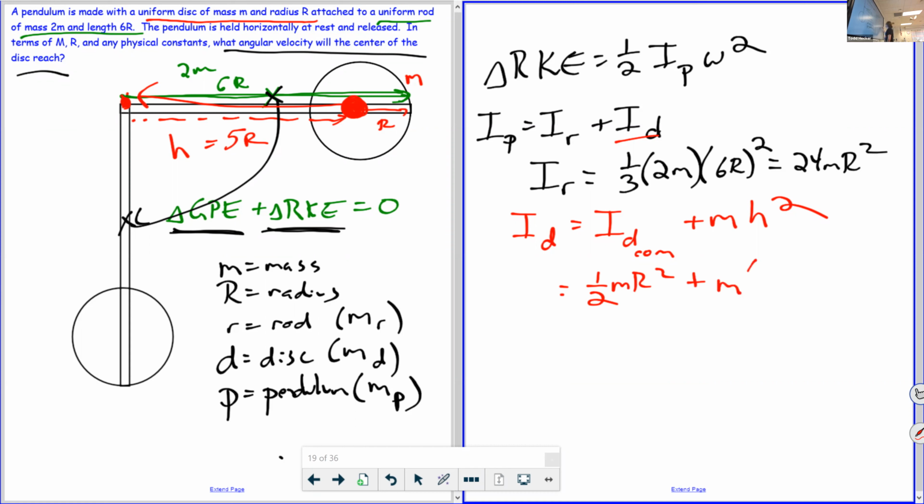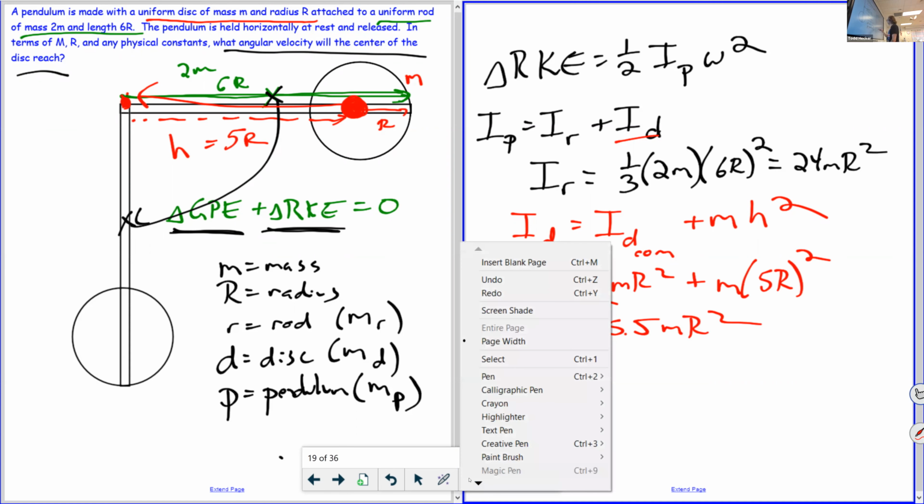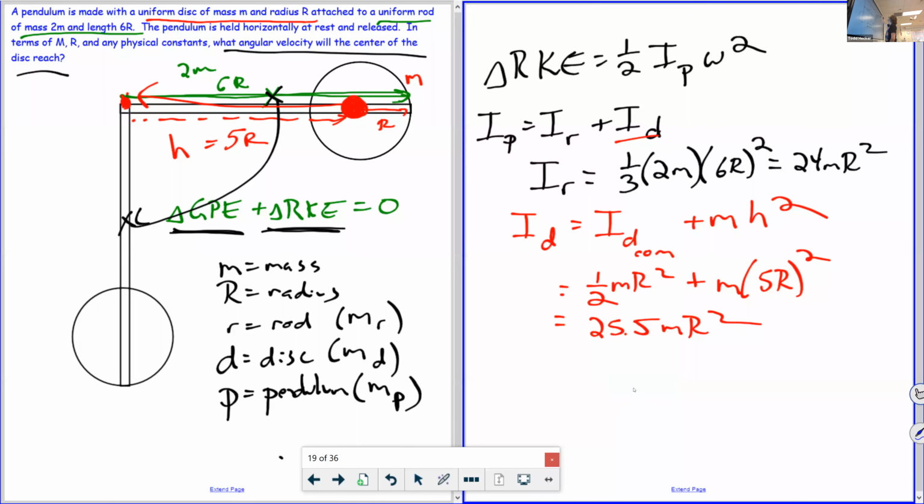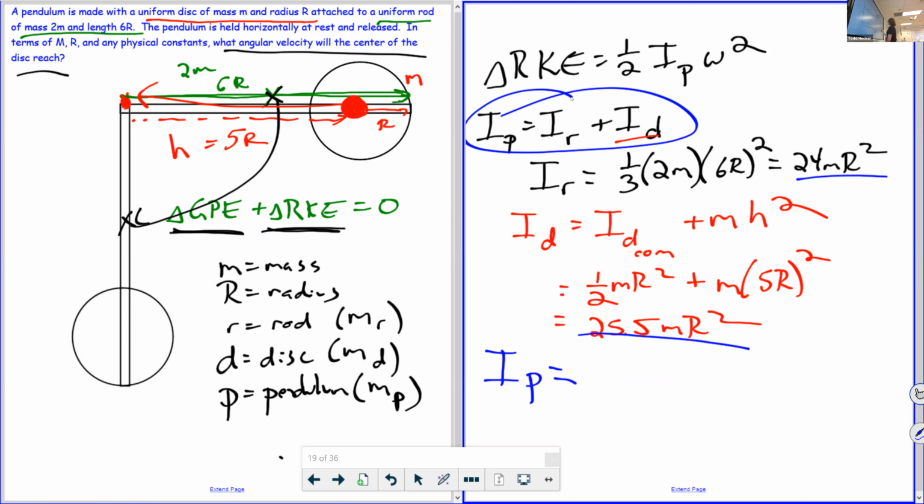That's m times (5r) squared. Again, that's the parallel axis theorem. So simplify this, and you end up getting 25.5 mr squared. And so now we can find the rotational inertia of the pendulum, because it's just rod plus disk, which gives you 29.5 mr squared.